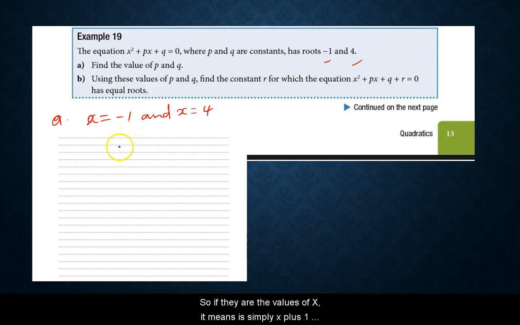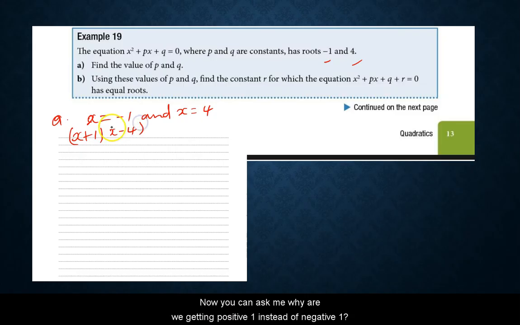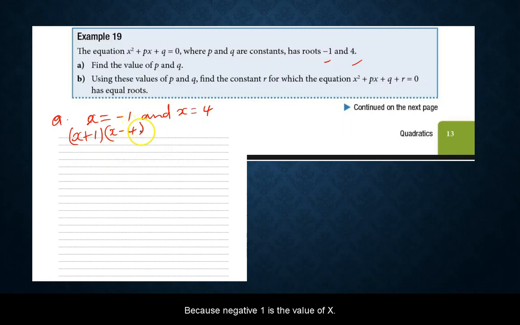So if they are the values of x, it means it's simply x plus 1 and x minus 4. Now you can ask me, why are we getting +1 instead of -1? Because -1 is the value of x. If you solve, for instance, x plus 1, you will get -1, isn't it? Because you simply take 1 to the other side, so x becomes -1.